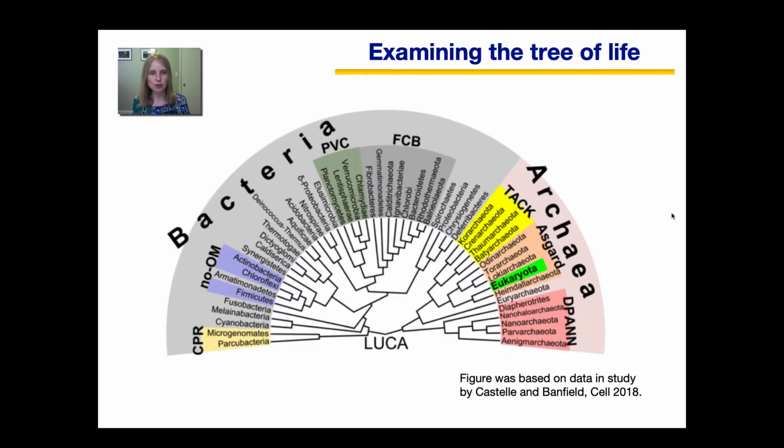But a more recent revision, here this study that was published in 2018, they looked at some additional sequences and especially focused on genes involved in metabolism. And they did a new revision of the tree of life where they placed Eukarya basically as a subgroup within the archaea.